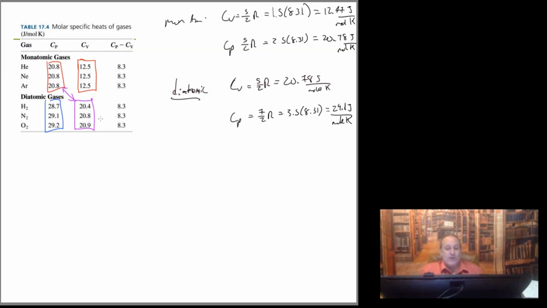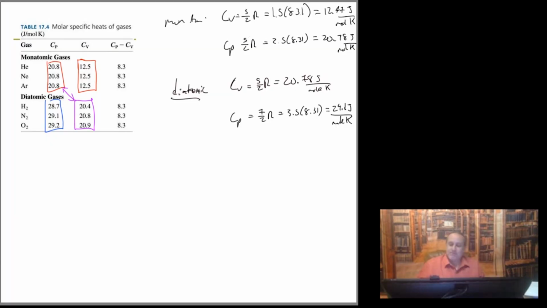So there really is no room for extra degrees of freedom, cold or not cold. And so it's pretty much perfect for monatomic gases, and it's very close for diatomic gases at typical temperatures. When the temperature gets cold, the diatomic gases start to look just like monatomic gases. Okay? We'll just use these values of 3/2 R and 5/2 R and 7/2 R exclusively, and we don't have to look at a table.